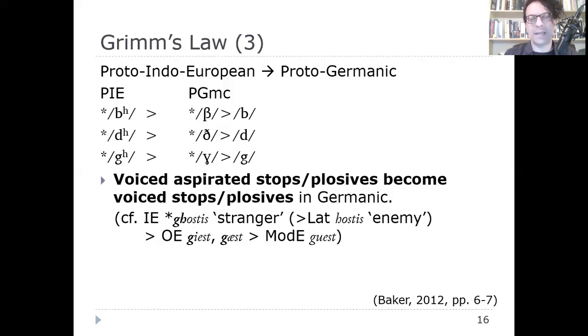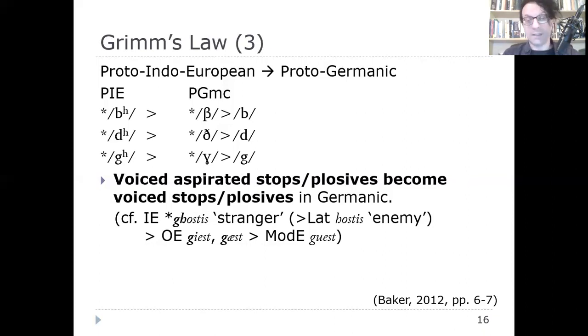However, then in most Germanic languages, they went on to become voiced plosives over time. So to keep it really simple, we can say that in the long run, these voiced aspirated plosives simply changed to b, d, g in Germanic, even though that's not really telling the story the way it went.